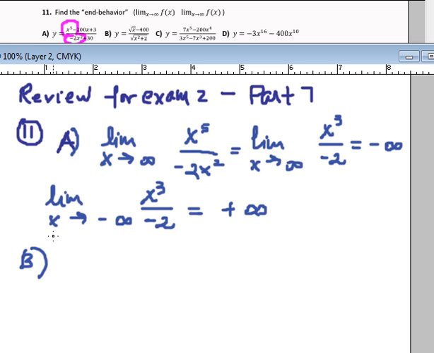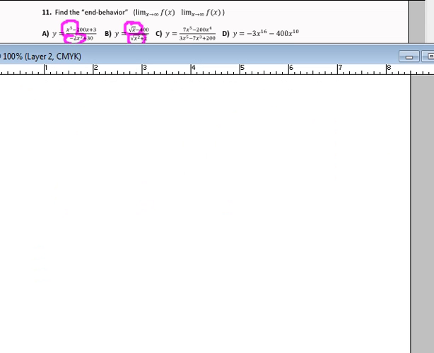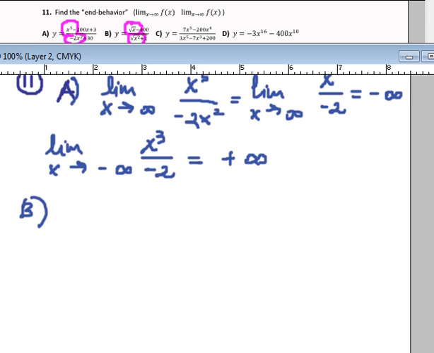Okay, let's look at B. All right, so here we have the dominant term on top is square root x, and the dominant term in the denominator is the square root of x squared. Keep that square root on there. All right, so let's look at that. So we have the limit as x goes to infinity of square root x divided by square root x squared.